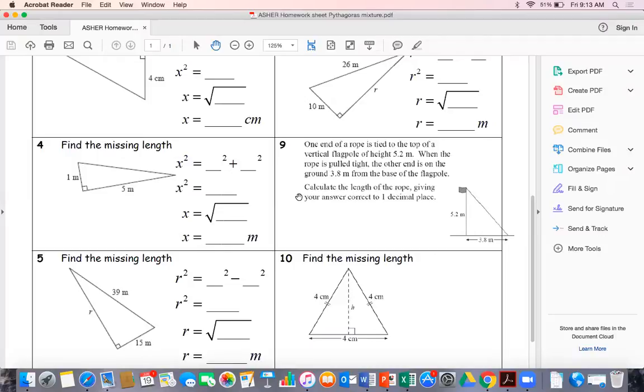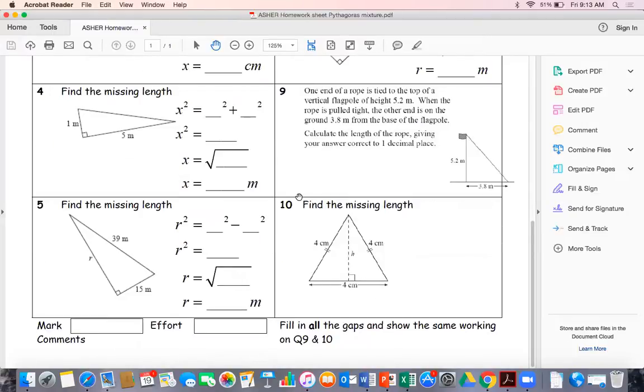Next one, Ricardo, get ready. 5.099. If I round off, what do I get? Nine is more than 5.10. 5.1. Yeah, 5.10.